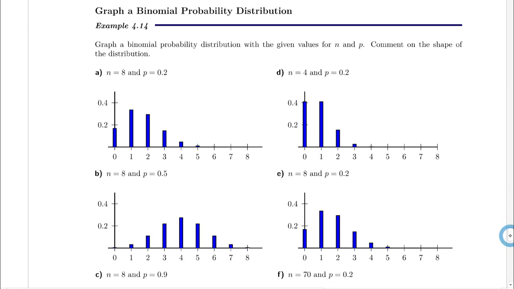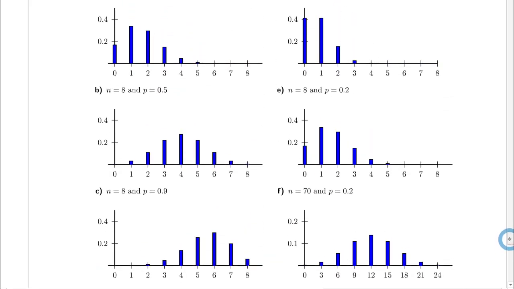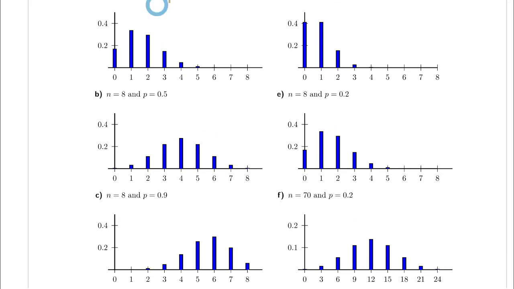All right, so now let's just talk about the distribution itself. The binomial probability distribution is very dependent on the number of trials and the probability of success. So we just want to look at the left column and the right column. Notice on the left column, our number of trials stay the same, and notice the probability of success increases.